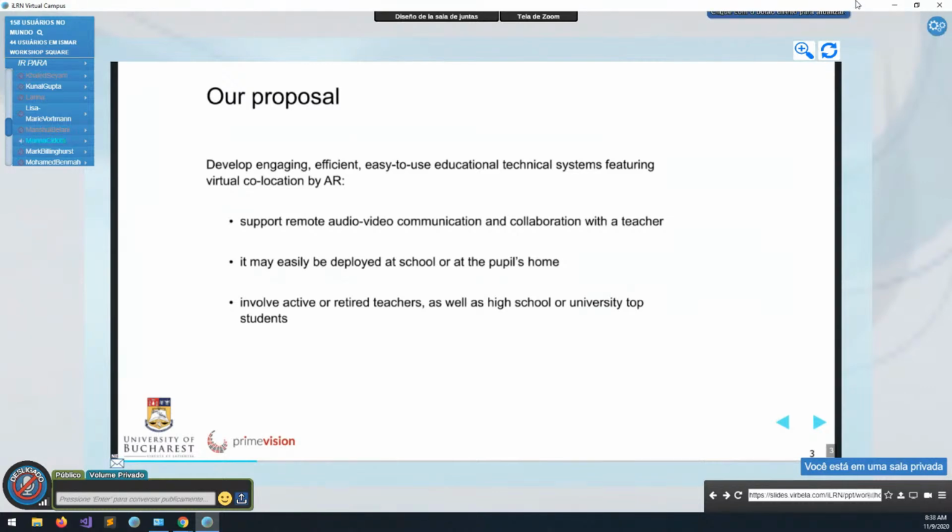We have a position paper about how to use augmented reality to prevent early school dropout. And we would like to present to you our idea for this problem.